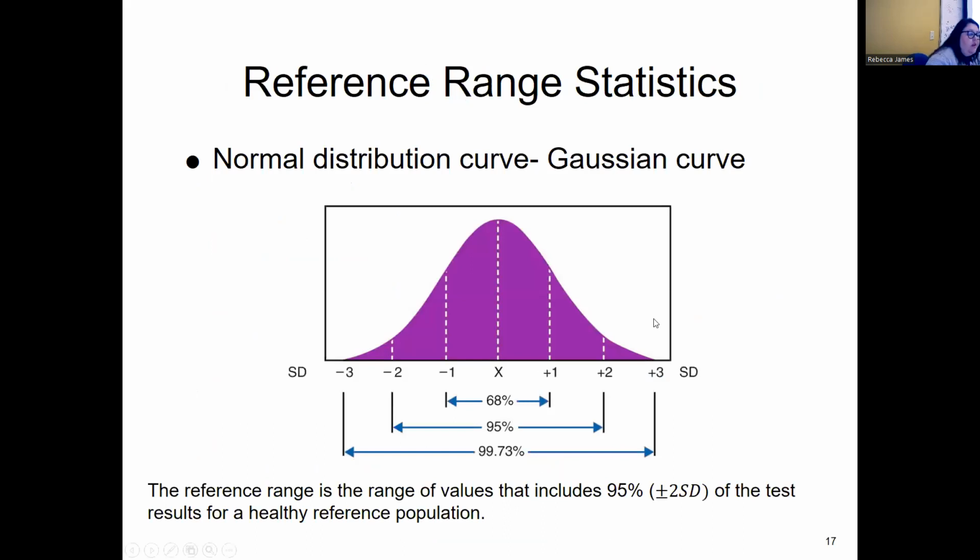So it's saying that for a normal healthy group of people, the result that you get for whatever analyte you're testing for should fall between here to here. Okay. And so it makes a curve. That's the normal curve. It's called a Gaussian curve. Well, it's based on your standard deviation.